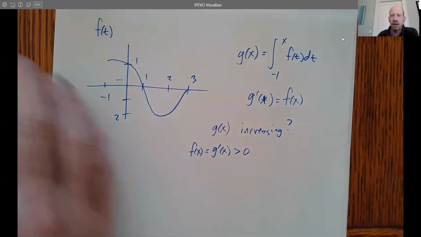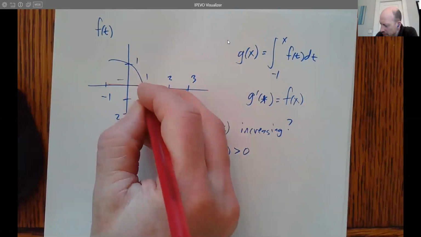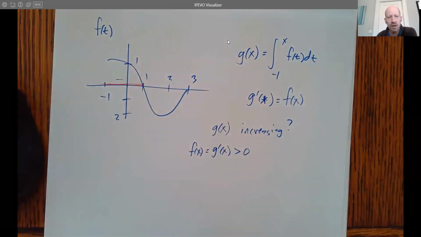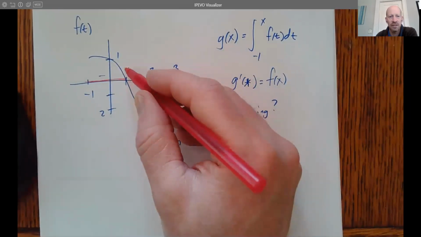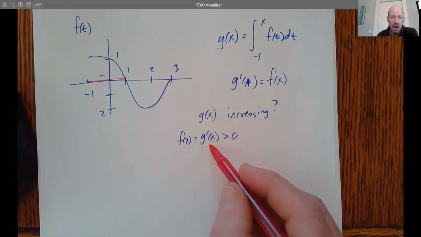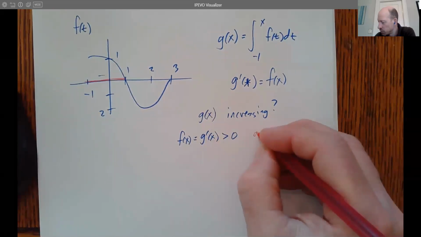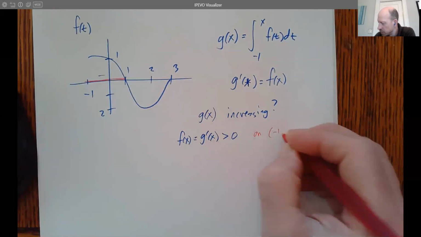So looking at our function here, I can see that f of x is positive over this interval. It's above the x-axis here. And so g prime of x is positive, which means g of x is increasing. So that would be on the interval from minus 1 to 1.